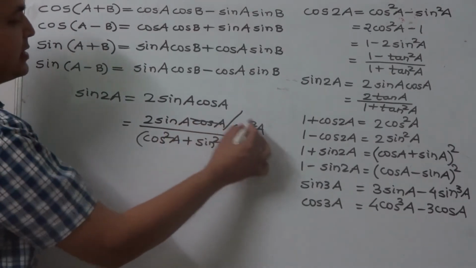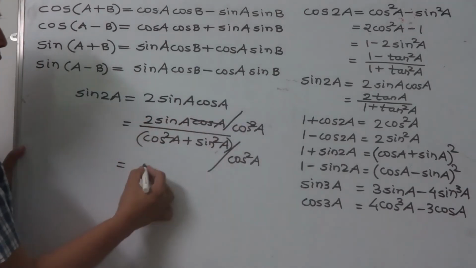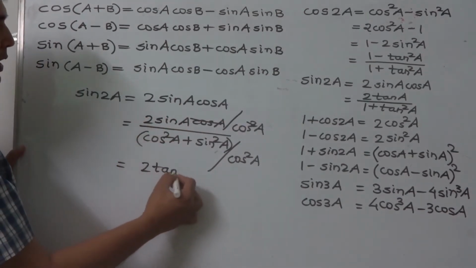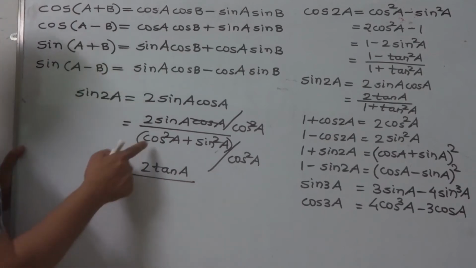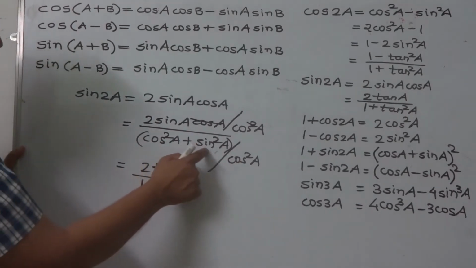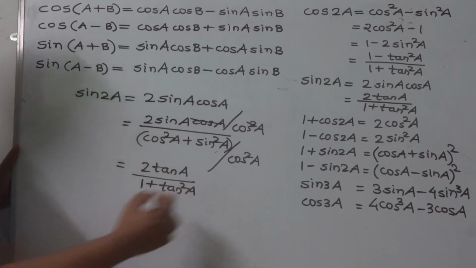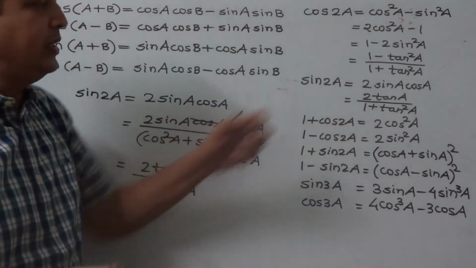Here cos a gets cancelled and the numerator becomes 2 times sin a upon cos a is 2 tan a, upon cos square a upon cos square a is 1 and sin square a upon cos square a is tan square a, and so we get this result.